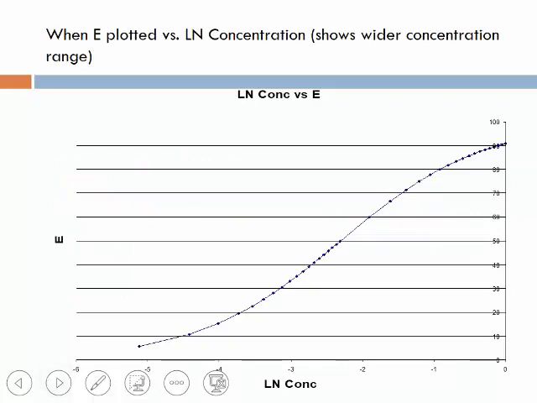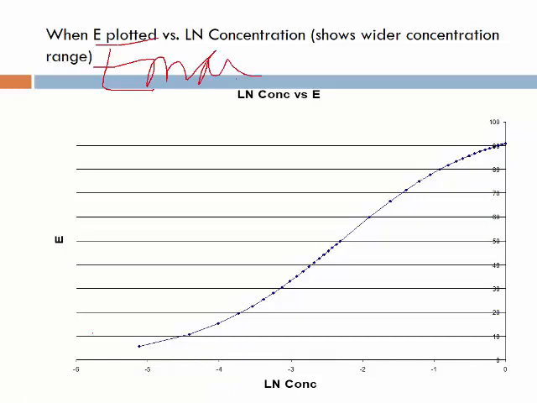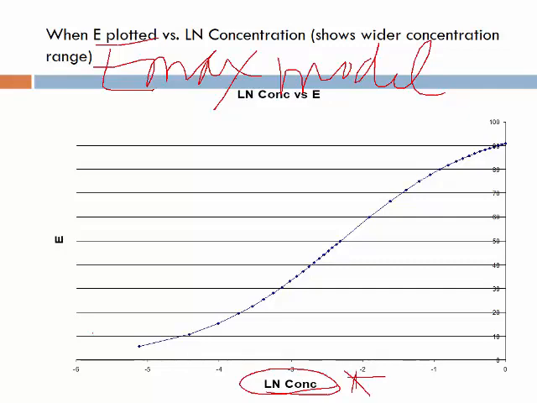Now, here's another interesting thing. This is only for the linear. Remember, we're still talking about the emax model, not the sigmoid emax, but the emax model. If we plot effect versus the natural log of concentration, not the concentration, but the natural log of concentration, this is really important.